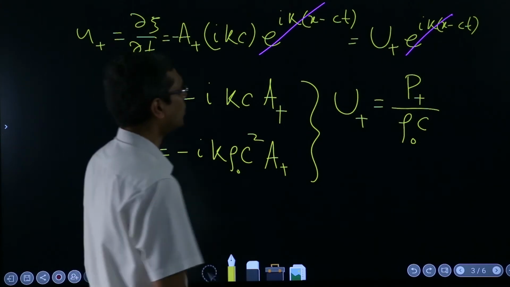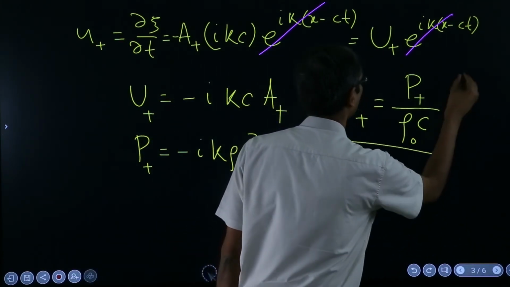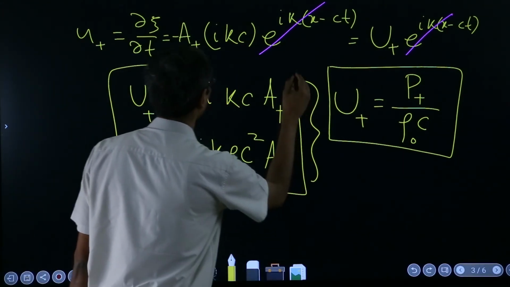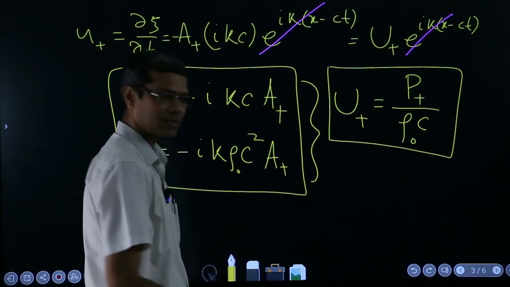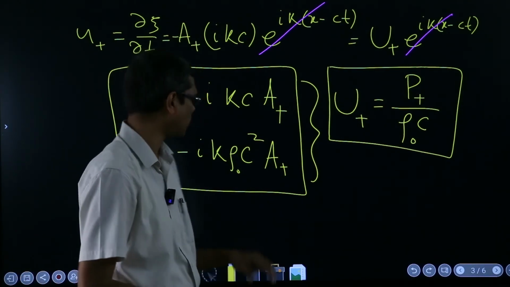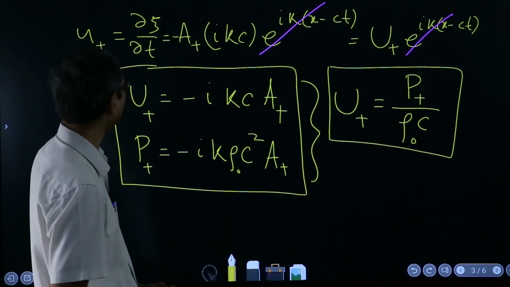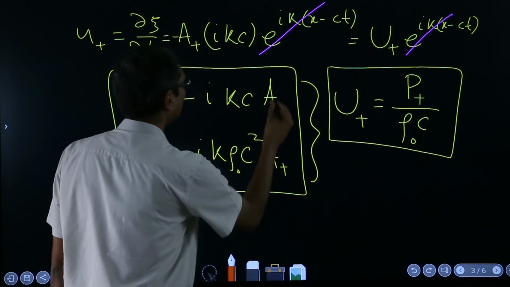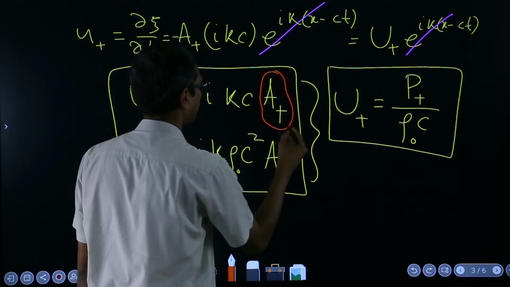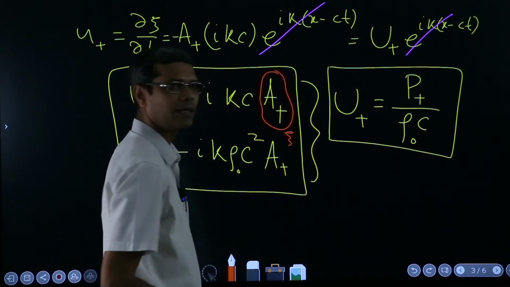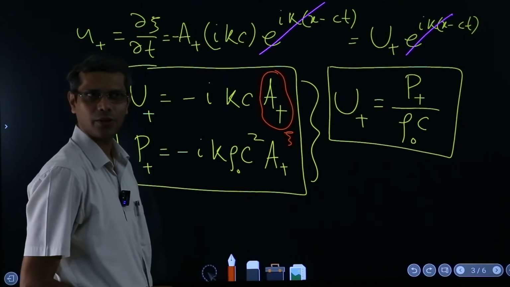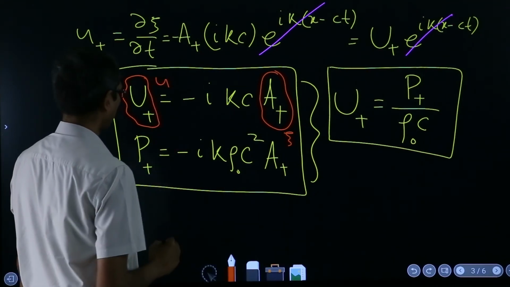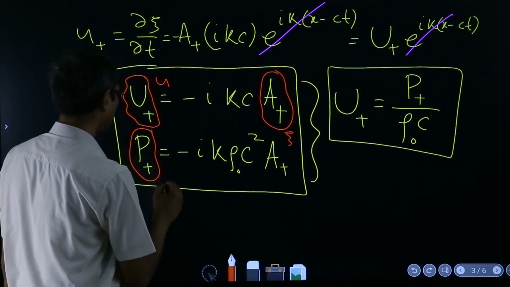And now we have all the expressions relating the phases or the amplitudes of all the types of waves. Now this is the amplitude of xi, this is the amplitude of u, this is the amplitude of p.